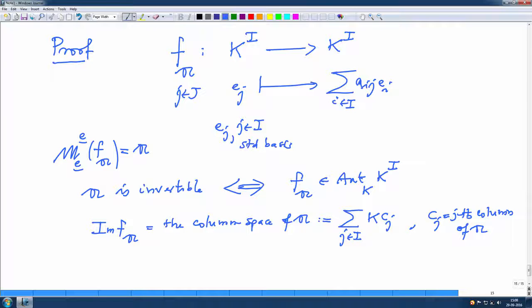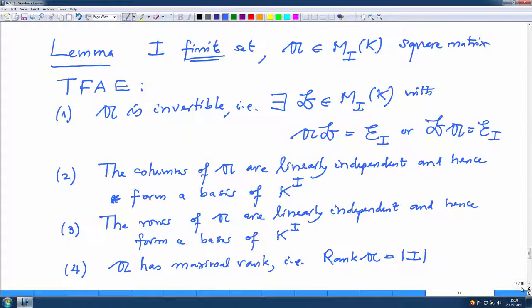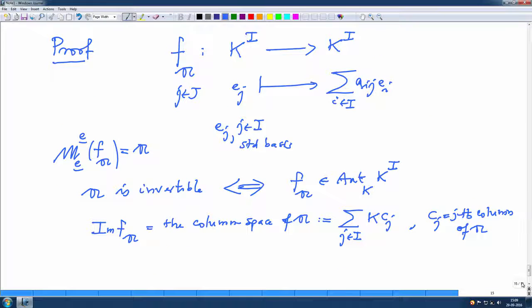So what is the statement here? I just want to show you the second one. Columns are linearly independent, that is equivalent to saying they form a basis. If it is a basis, that means the image of F_A must be the whole k power I. So the image of F_A is the whole k power I if and only if 2.